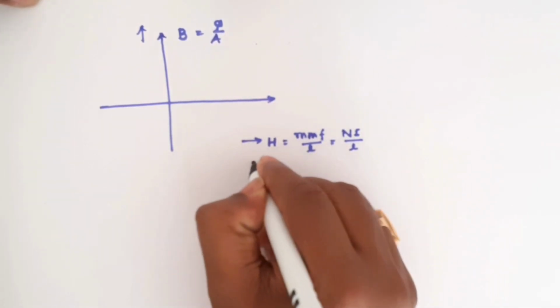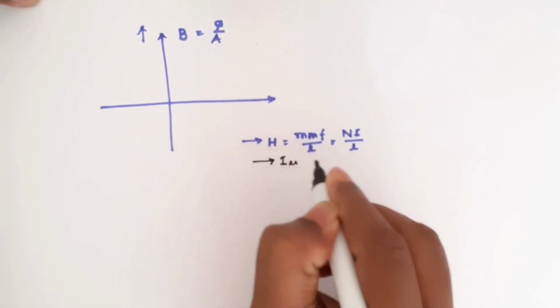This can also be written as the magnetizing current I mu.